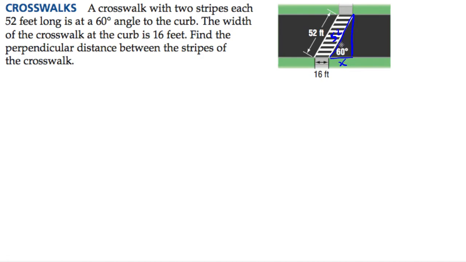So here, this is the adjacent side, and that's the hypotenuse. So if I do the cosine of theta is equal to the adjacent side over the hypotenuse, I have that the cosine of 60 is equal to x over 52.